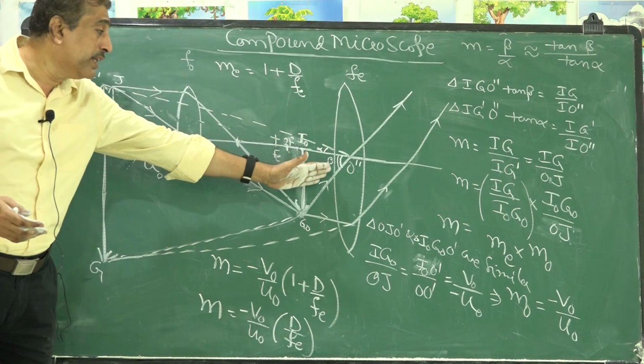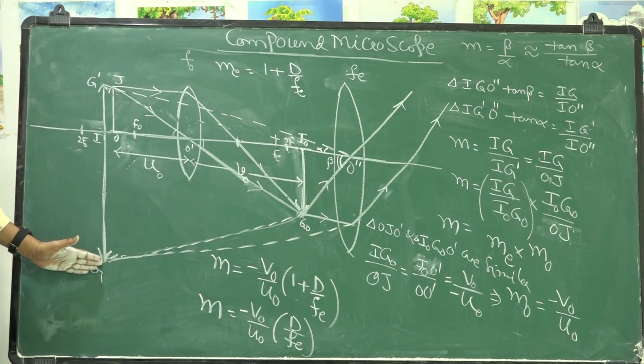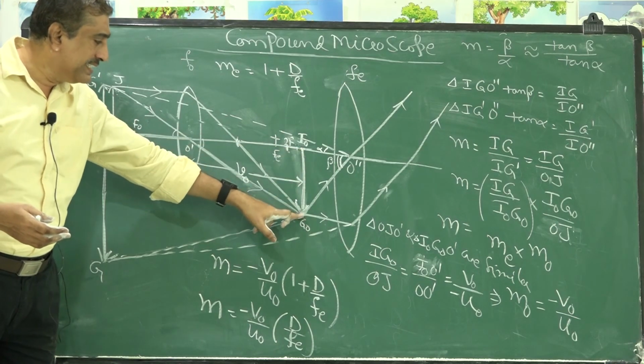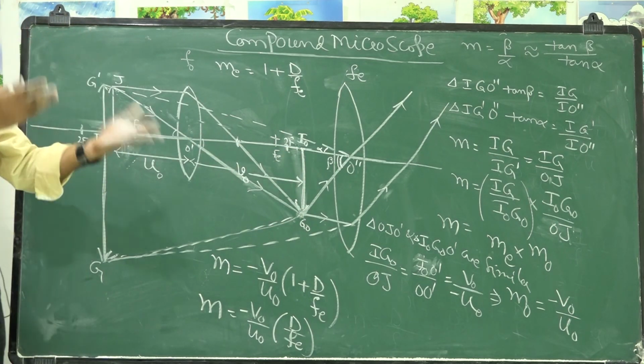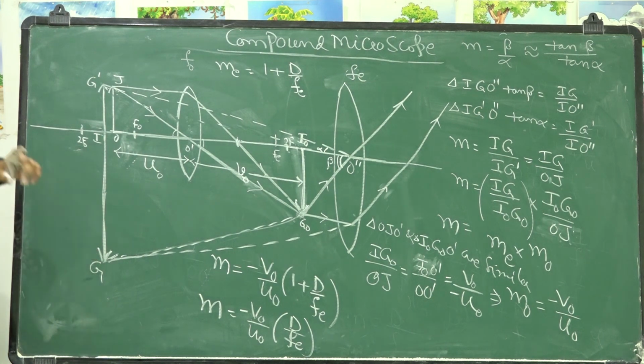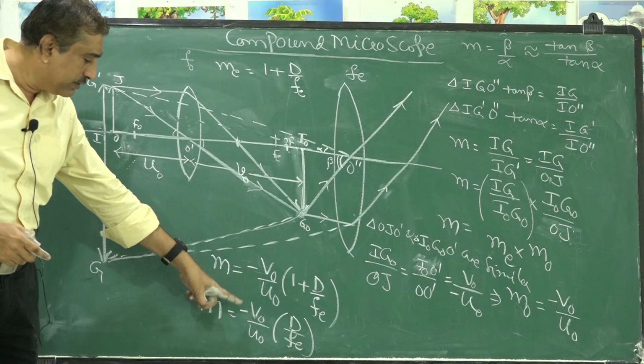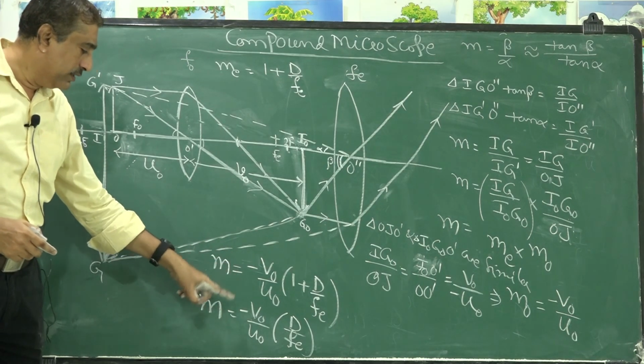The image formed by the eyepiece is virtual, but since the object is inverted, we get the same inverted position. So the final image of this compound microscope is inverted itself, because we get the negative sign in the final magnification also.